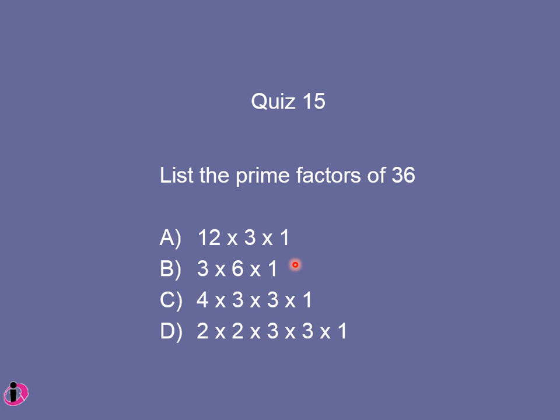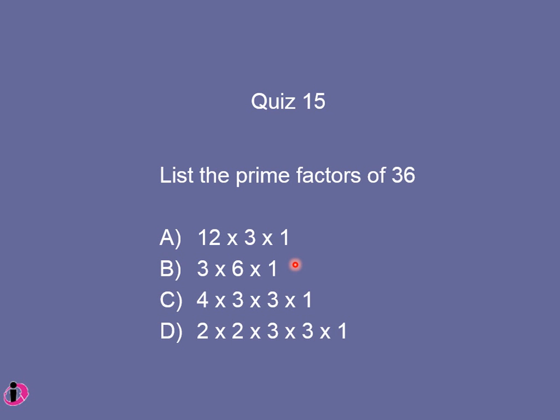It's not harmful because anything multiplied by 1 is itself, so it doesn't matter. So 2 times 2 times 3 times 3 times 1, that is your prime factors for 36, right?